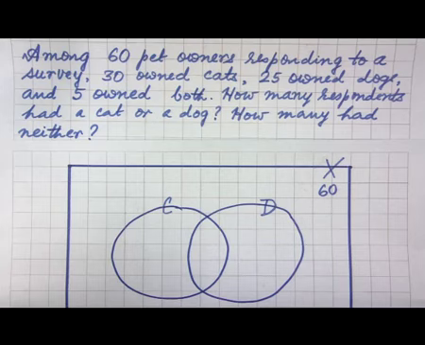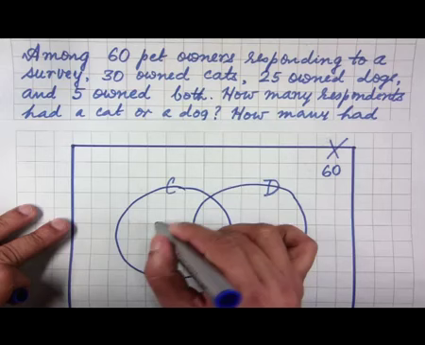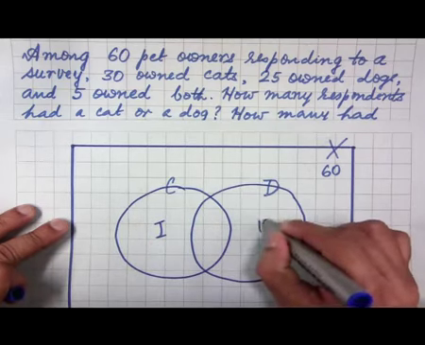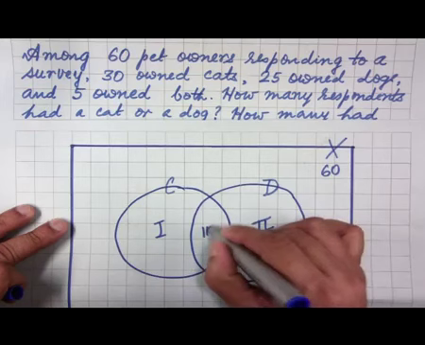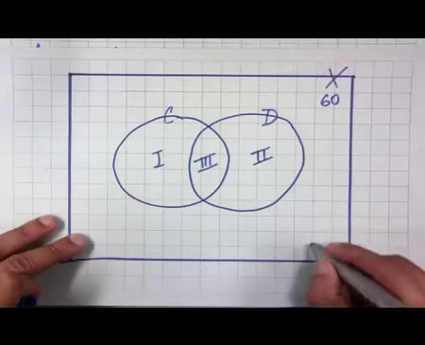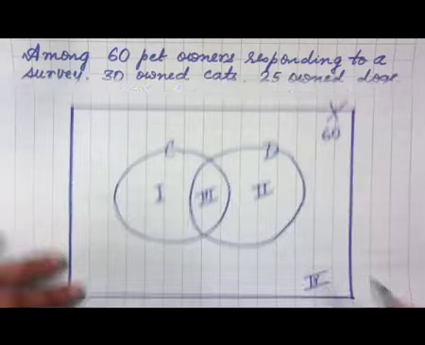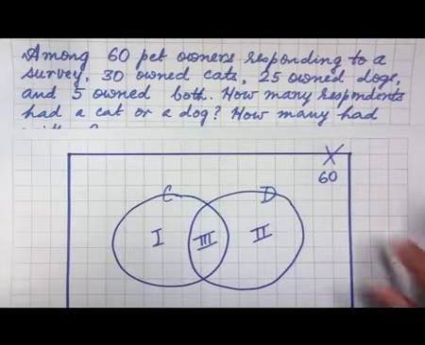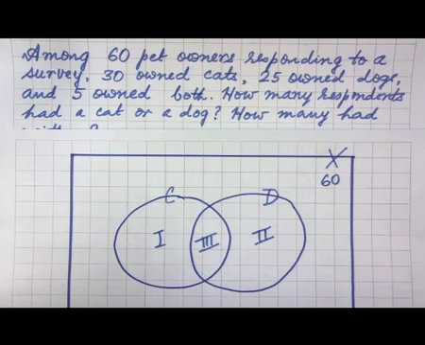And therefore, if I term the regions as I did before, 1, 2, and 3, with 4 the region which is in the complement, then I know that 30 corresponds to the sum of the numbers that I need to put in under C, and therefore 1 plus 3 is 30. Similarly, I know that the regions 2 and 3 represent the dogs, and therefore 2 plus 3 should be equal to 25. I'll store that in memory for just now.